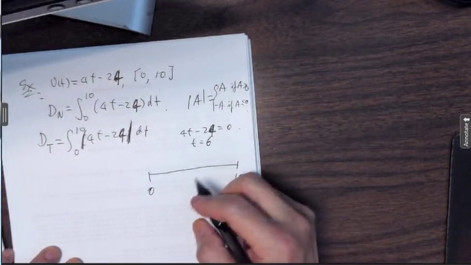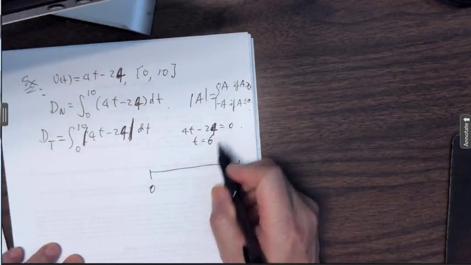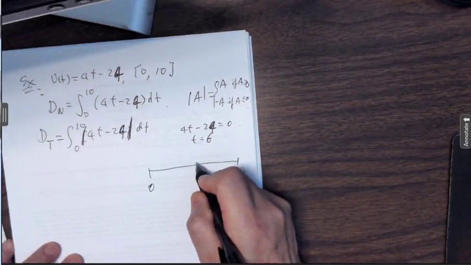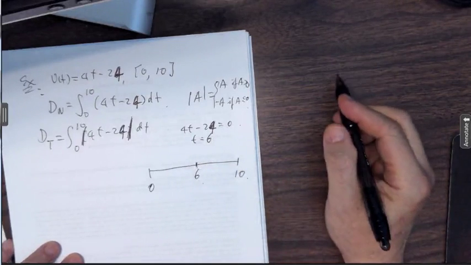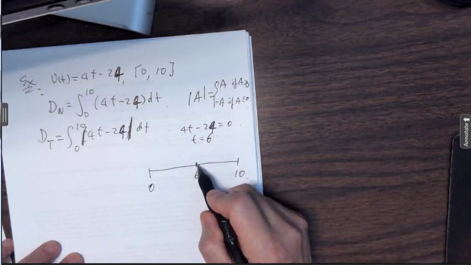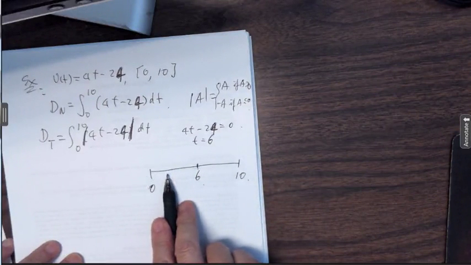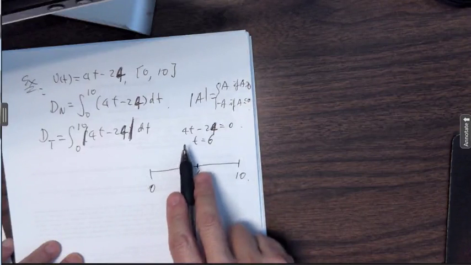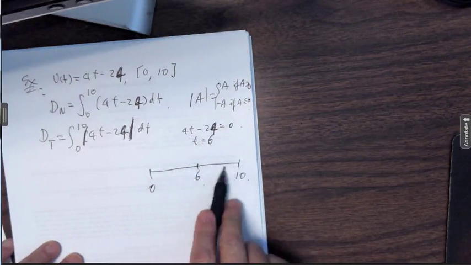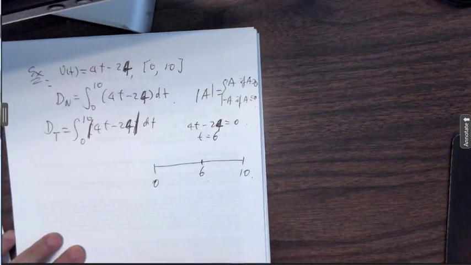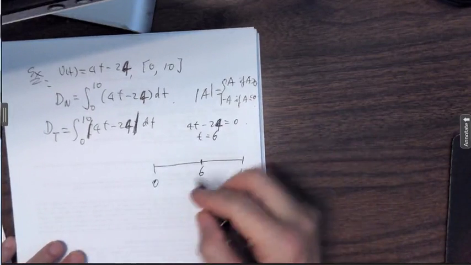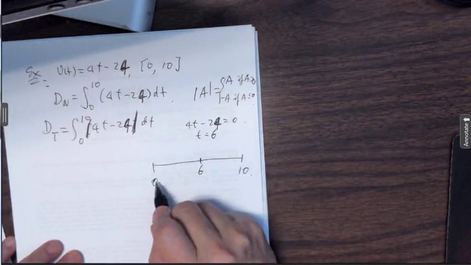So we find out 4t minus 24 is going to be 0 at t equals 6. Now use this 0 to divide the interval into two sections. Then we check the sign of 4t minus 24 over these two subintervals. Pick a test point in 0 to 6.